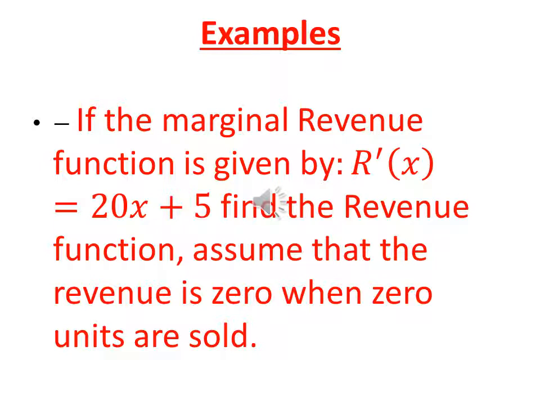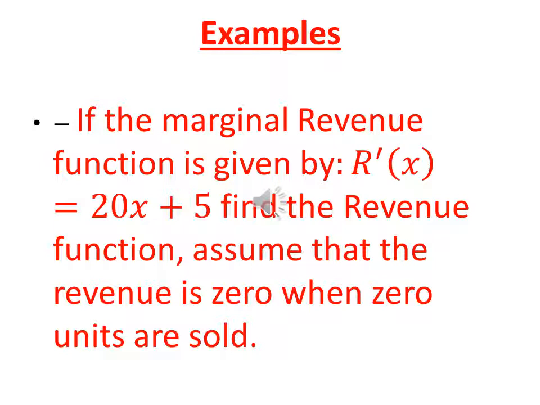So the revenue is equal to the integration of r dash of x, so integration of 20x plus 5. Integrating 20x gives 20x power 2 over 2, plus 5. Integrating 5 gives 5x plus constant c, the constant of integration.